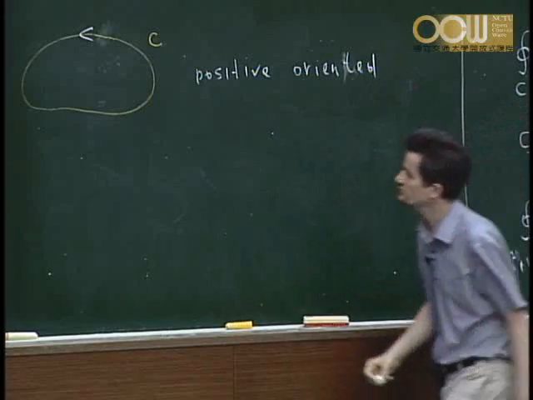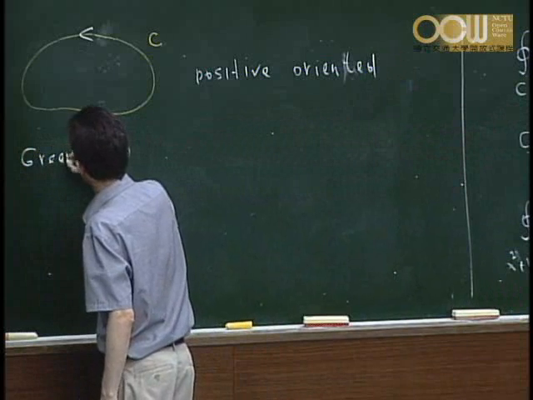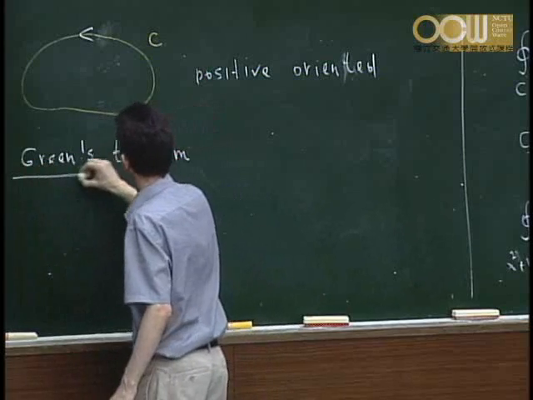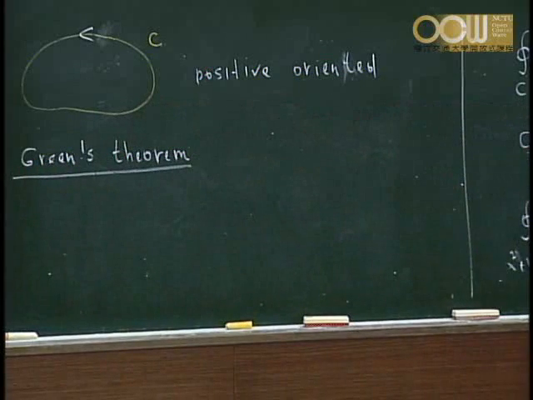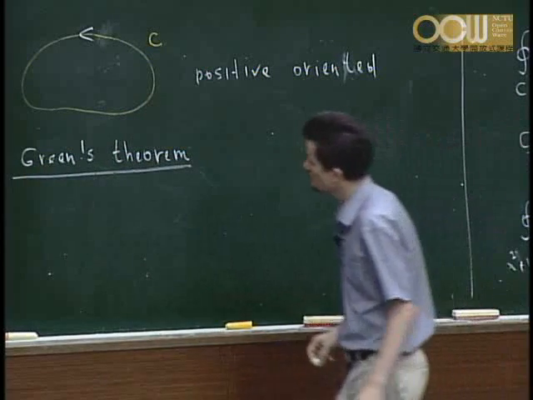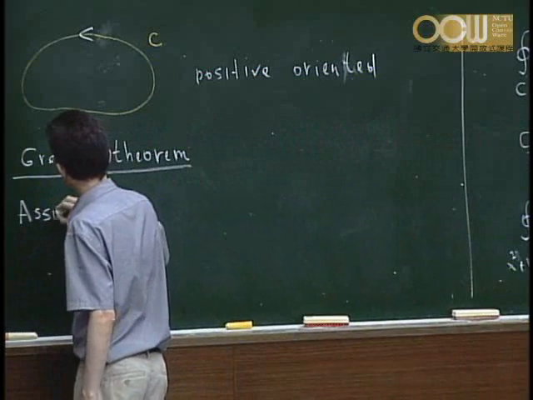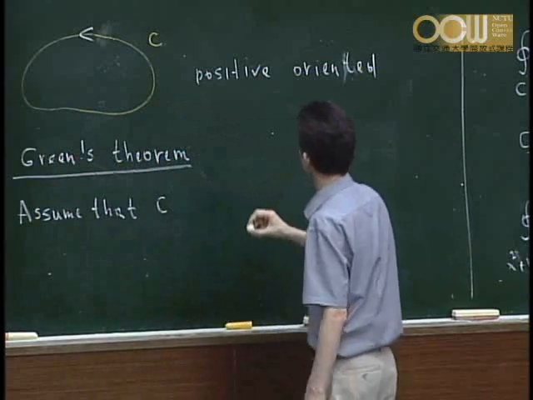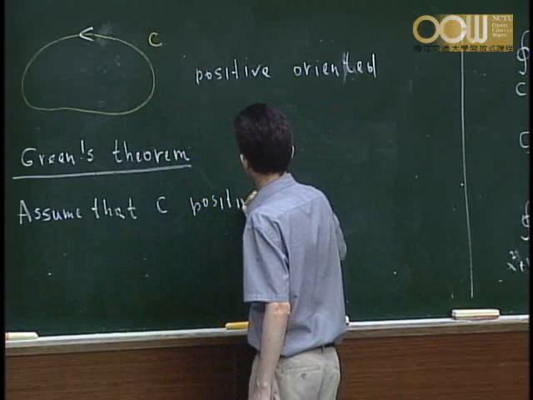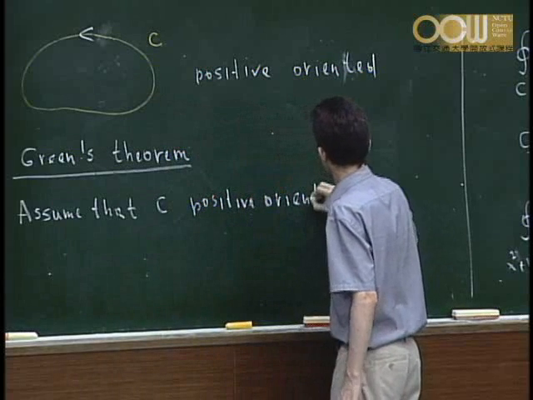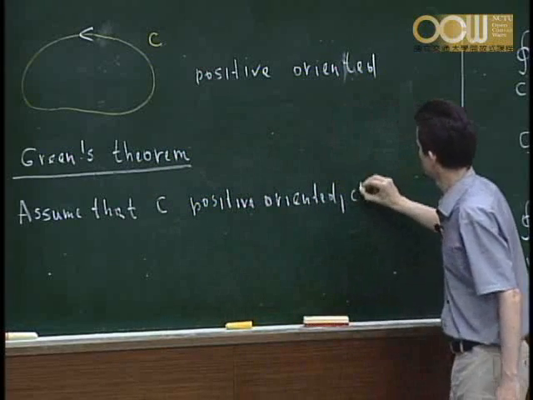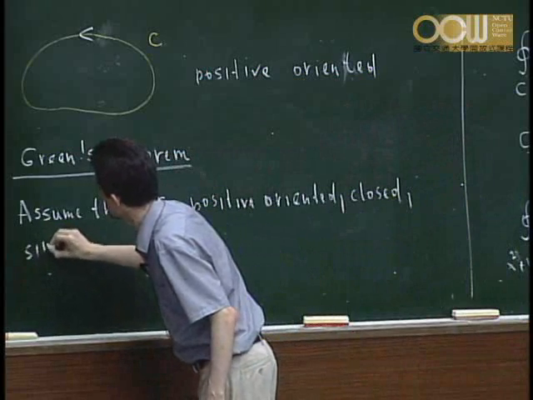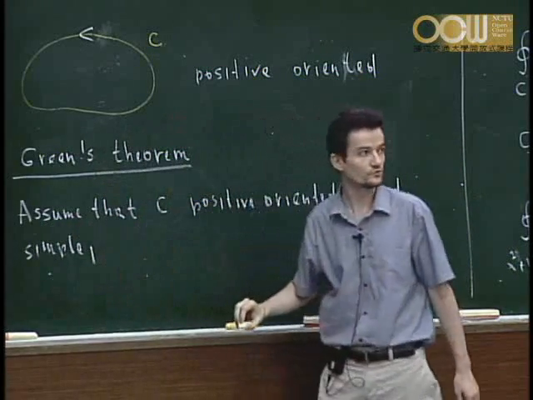Now Green's theorem, which is a quite deep result, tells us the following. Assume that C is positive oriented, closed, simple, piecewise smooth.